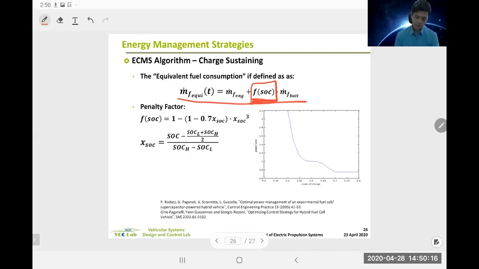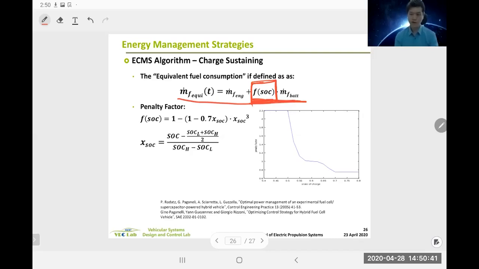So this coefficient has two perspectives, right? It has a lot to do with the optimal solution, because you need to evaluate the value of battery energy, right?